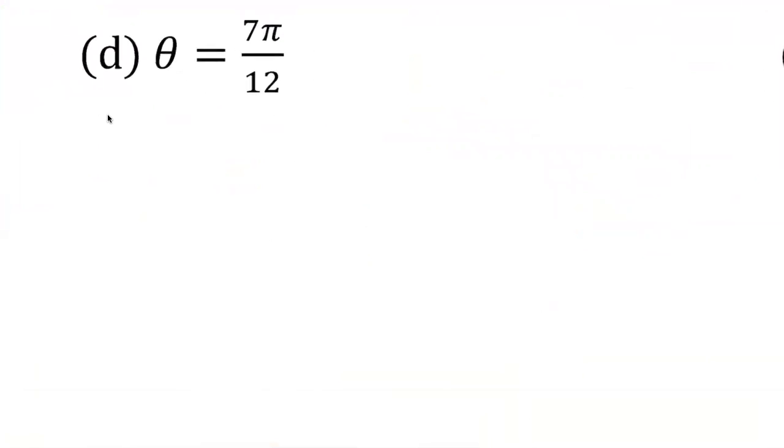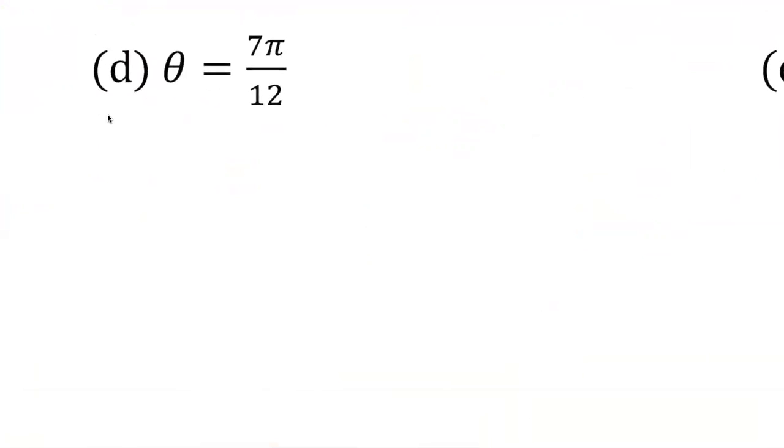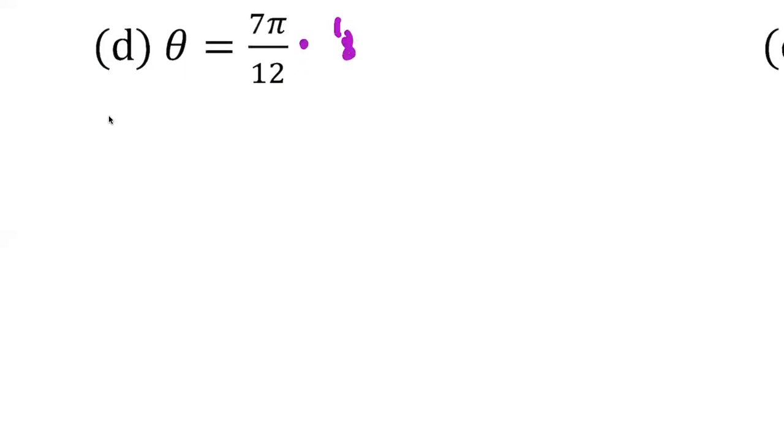Now, if you're working in radians, you have one of two options. You can convert this to degrees, which is what we are going to do first. To convert from radians to degrees, we multiply by our scale factor, 180 over pi. Multiplying the numerators together, this is 7 times 180, which gives me 1,260.